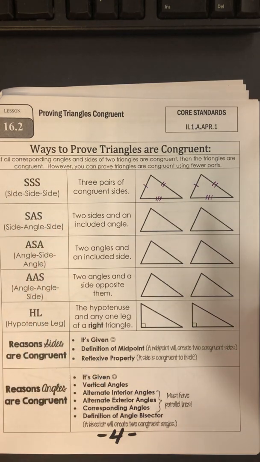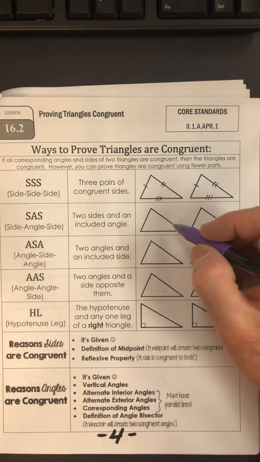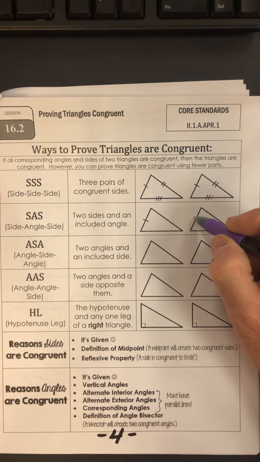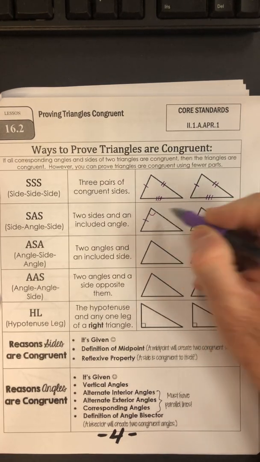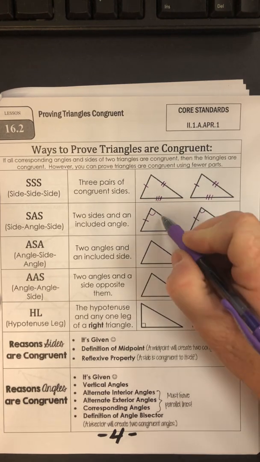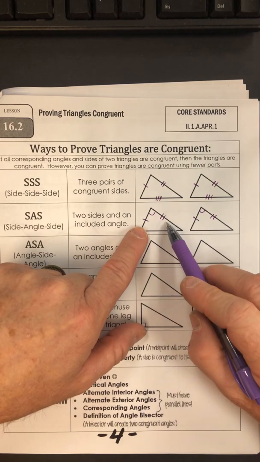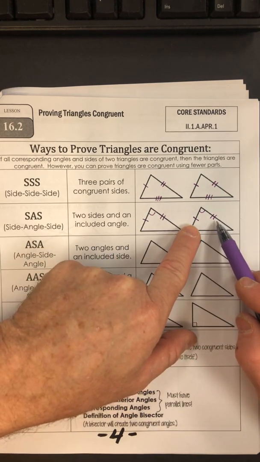Okay? Now, if you have an angle in between two sides, so this is the minimum amount of information that you need to show that two triangles are congruent. So if we have a side, for example, like maybe this side, and it matches up with this one, and if those two are congruent, and the angle in between them, so I have two sides and an angle in between, matching up with two sides and an angle in between.